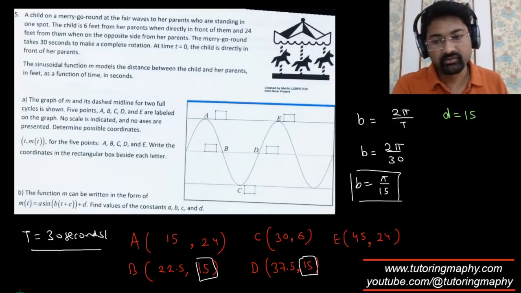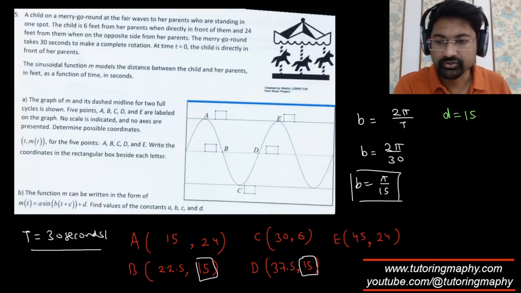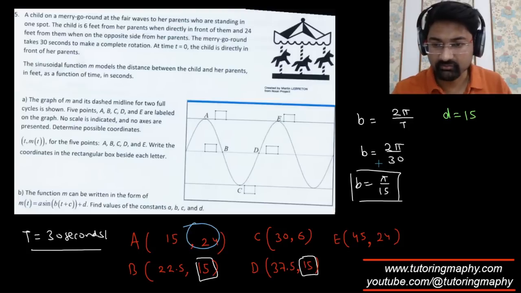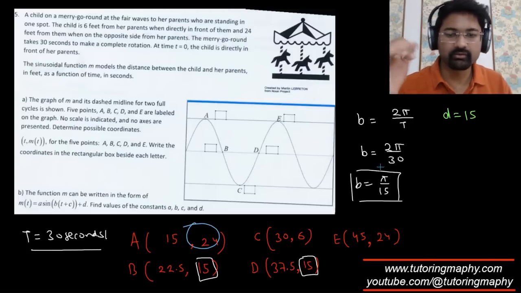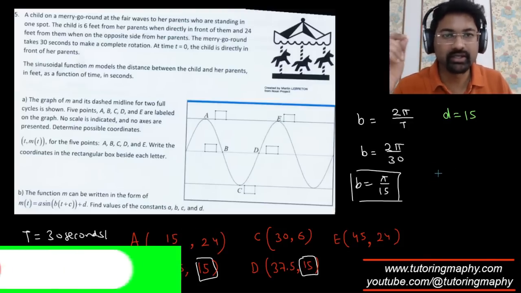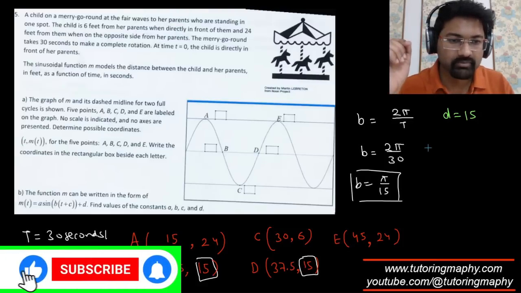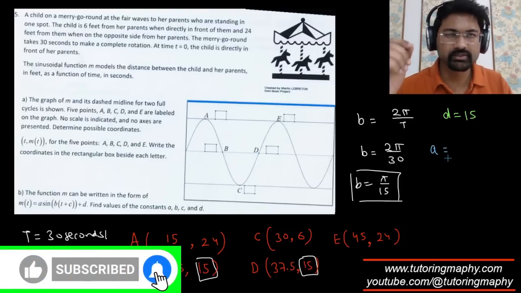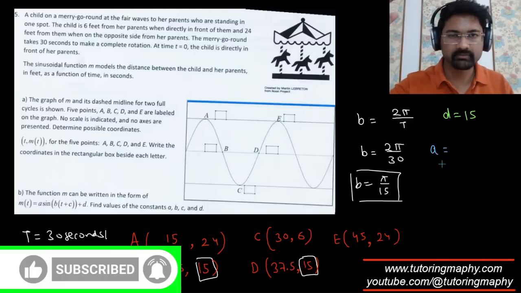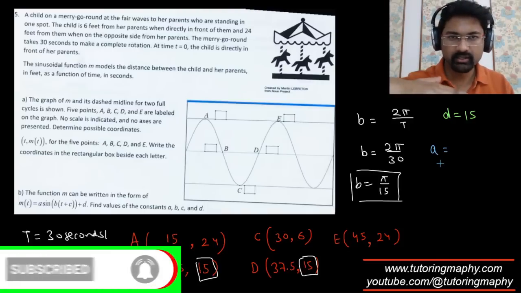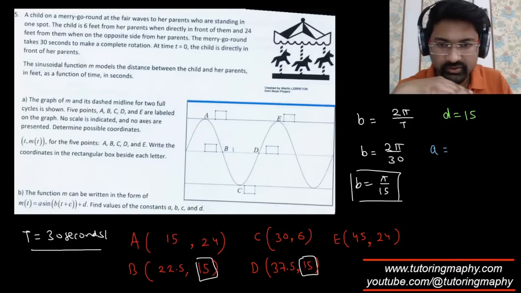Now, A will be another easy thing to find because the maximum I know is 24. In fact, A is the amplitude, right? And isn't amplitude the distance between the midline and the maximum? What is the midline? 15.